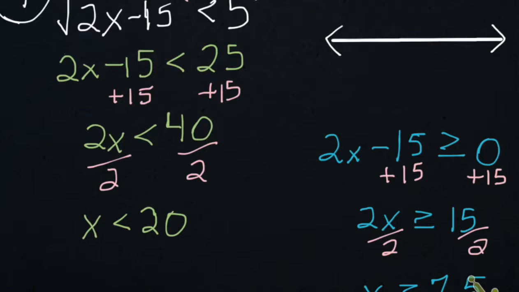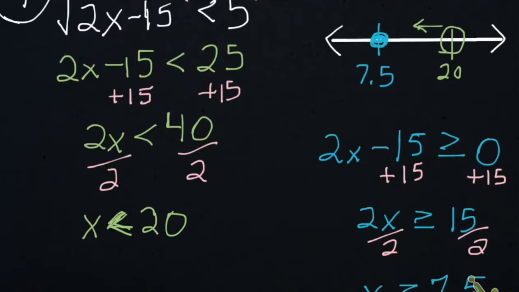prefer. 7.5 is smaller than 20. So the 7.5 goes on the left. It gets a nice solid dot because of the equal to under the inequality symbol. The 20 goes on the right, but it has an open dot because it doesn't have an equal to symbol. From the 20, I shade to the left.